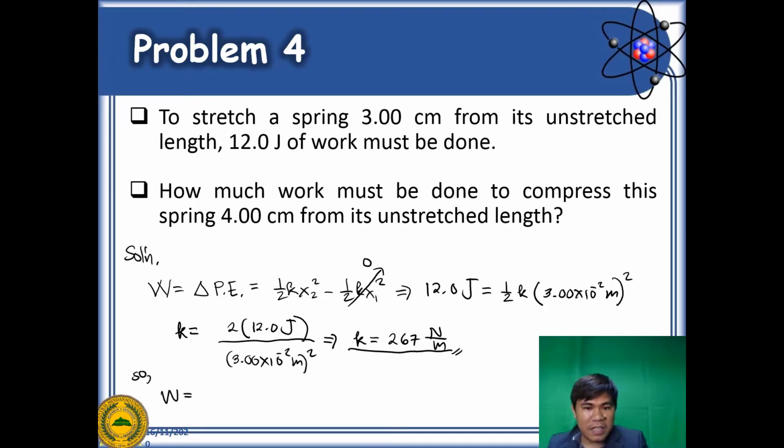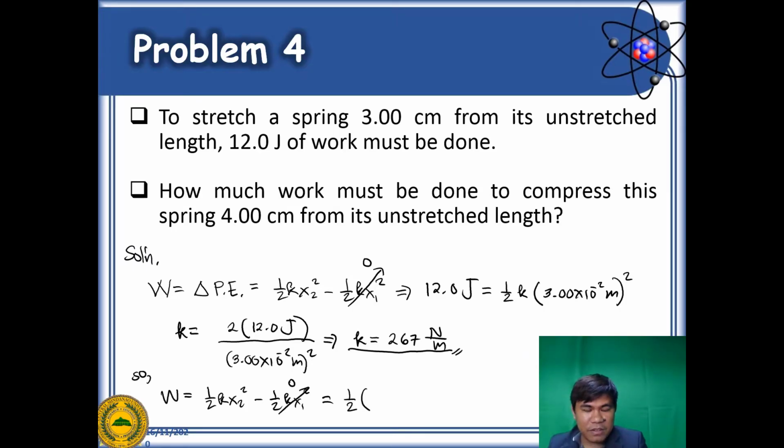So that would mean the initial position is equal to 0. So that gives us 1/2 k x2 squared minus 1/2 k x1 squared. So again, this is 0 here. So now we can actually substitute the corresponding values.